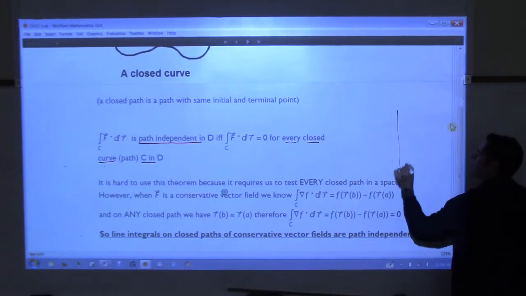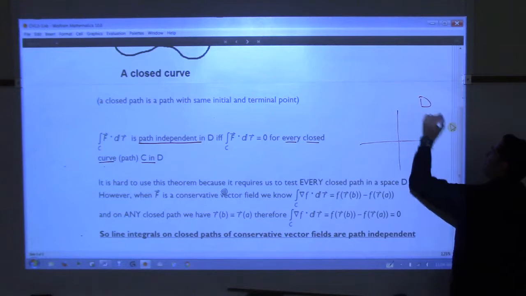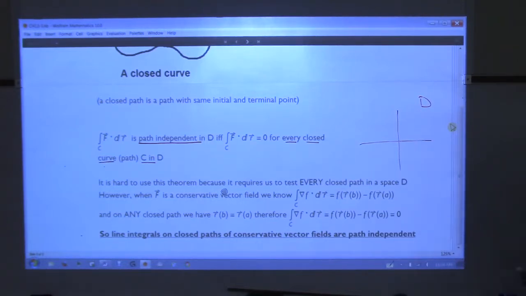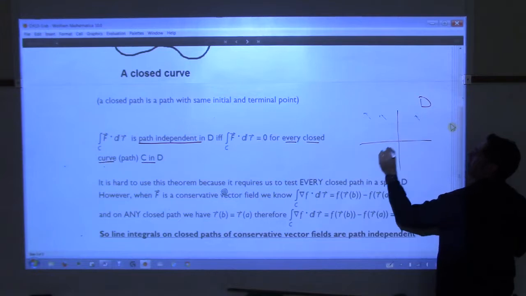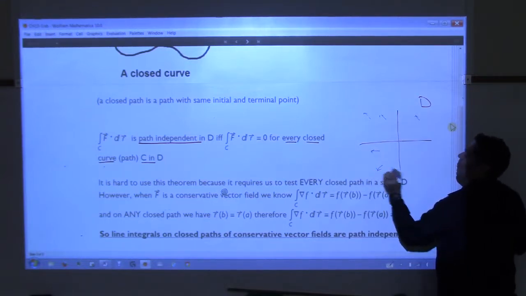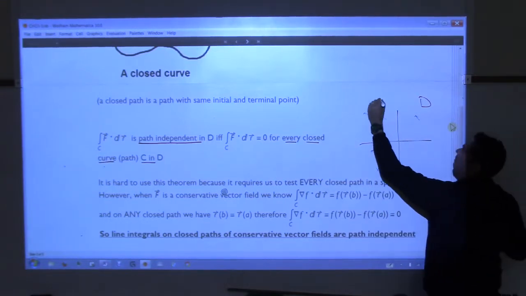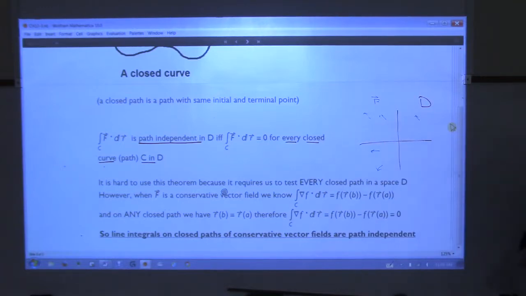We have some domain. Let's just call this D, and we're going to make it 2-dimensional. And then we have a vector field in there. The vector field is a bunch of little vectors all over the place. Like we could draw them. They might be doing different things. So we have some vector field in here, F. Then we have some curve in here, C.